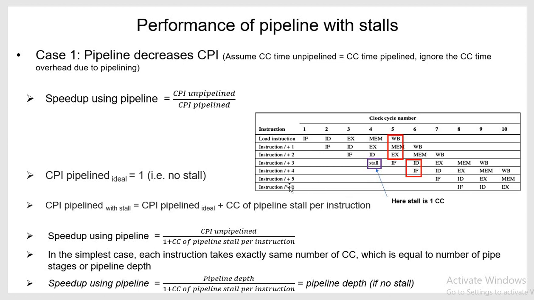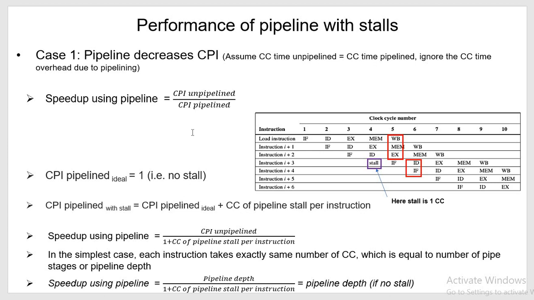So how many extra clock cycles will be introduced per instruction will also be added. So the net CPI for pipeline with stall will become CPI pipeline ideal plus CC of pipeline stall per instruction.